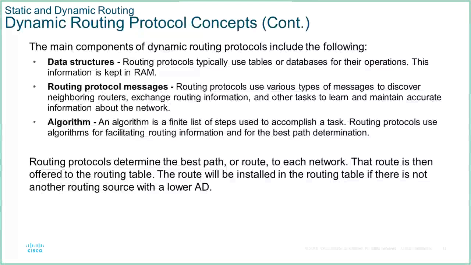And when we have multiple protocols or other sources of information for the same network, the device uses the administrative distance to determine which of those sources of information it's going to use.